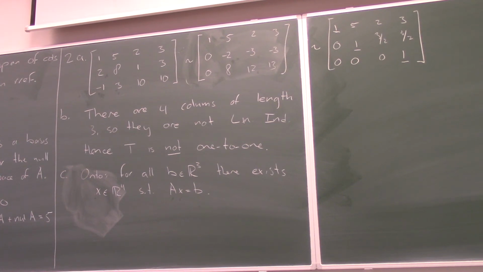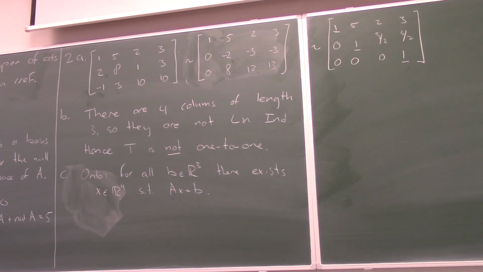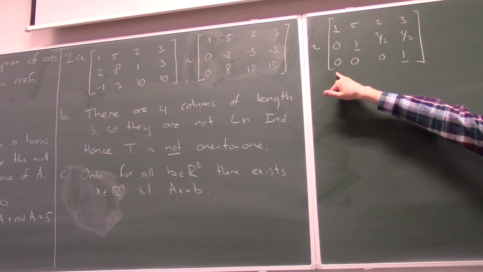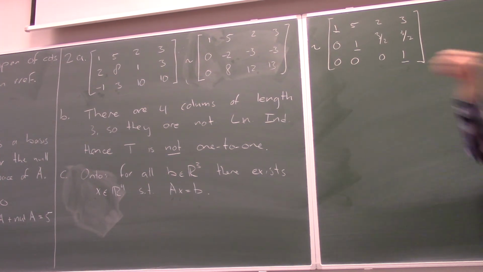What does that mean? Is it important that the pivot is here instead of here? So x3 is a free variable. So the question is, what is the span of these vectors, of these columns?